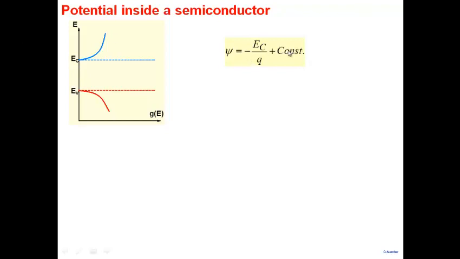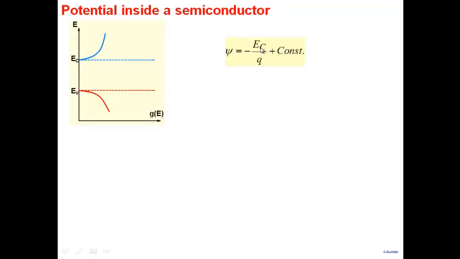This depends on some reference value, and it doesn't matter right now what this constant is. The point I'm trying to emphasize is that my potential inside a semiconductor is directly related to the potential energy, which is EC. Why am I saying EC? Because my electrons are predominantly close to the bottom of the conduction band. They don't go very far. Normally when you don't apply any electric field, my electrons exist close to the bottom, and their potential energy is EC.